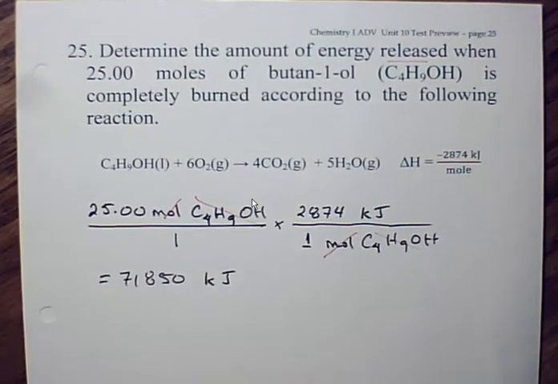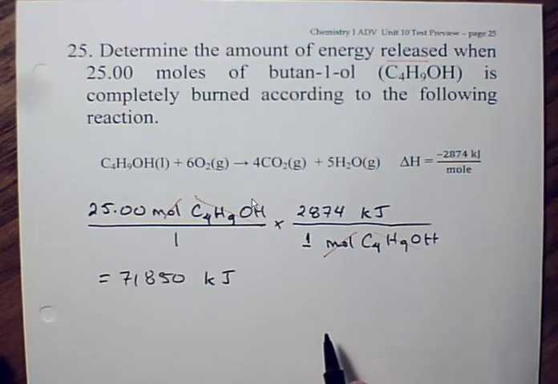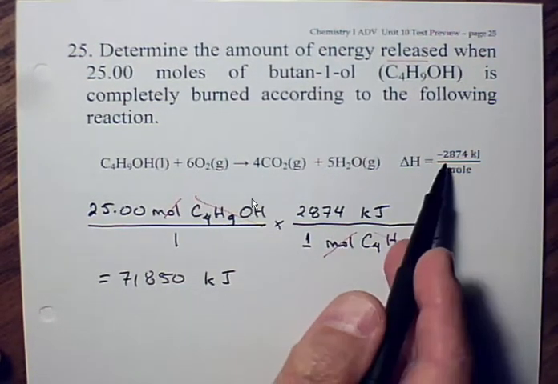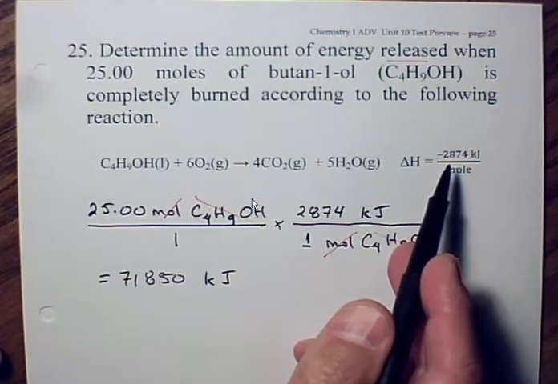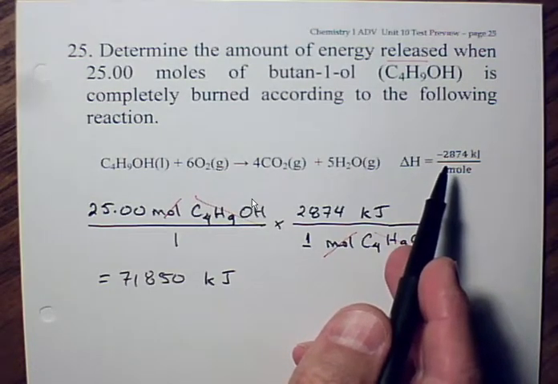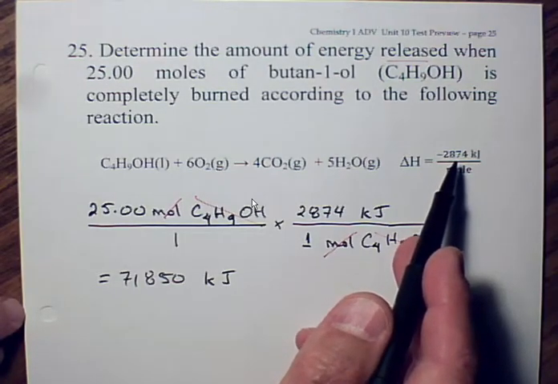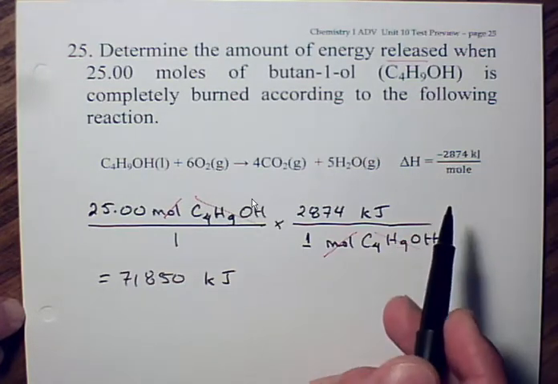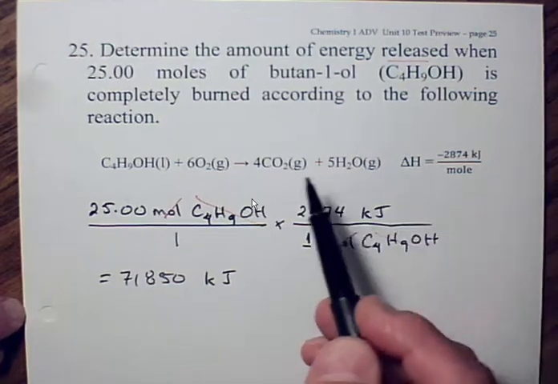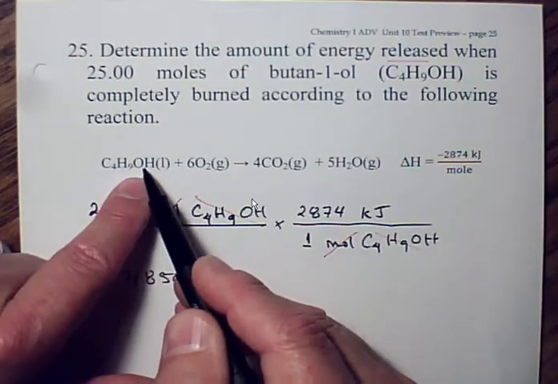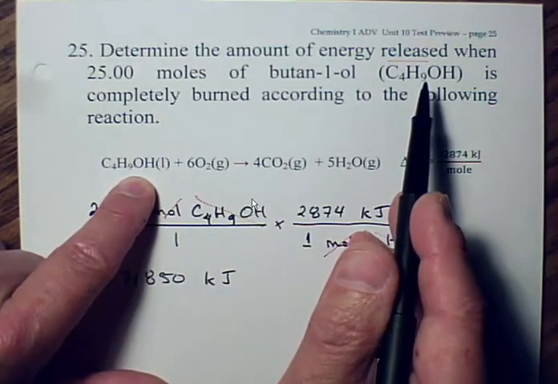Yes, what's your question? 2874 is the combustion of actual butane. I thought butan-1-ol was 2671. Did I write the wrong number down here? Well, this is butan-1-ol, same formula here and here.